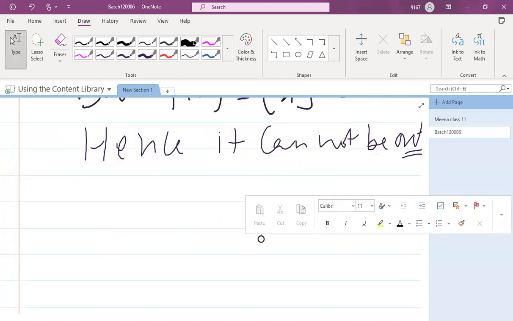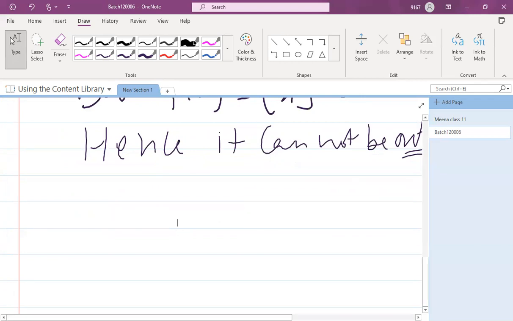Now doing question number 5. Question number 5 is quite clear. We have already discussed it while doing the introduction of function. Modulus function has always two values. For negative values it is positive, for positive values it is again positive.